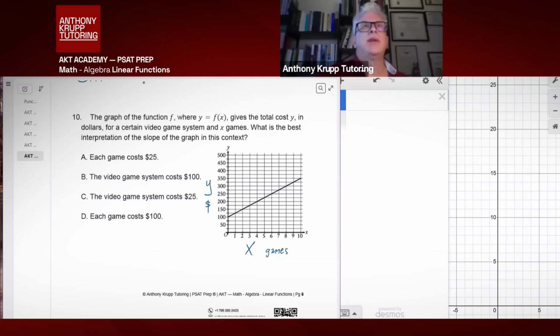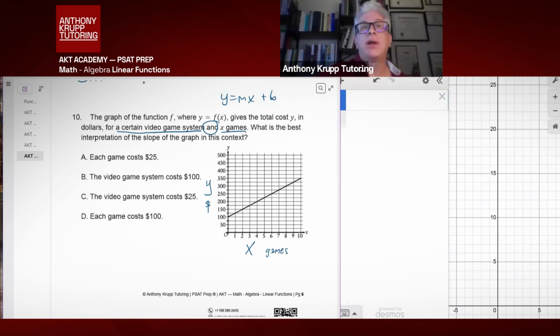The cost is for a video game system and X games. In terms of y equals mx plus b, we've got our Y value, which is the total amount of money. None of the answers say total amount of money, so that's fine. X has to do with the number of games. None of the answers do that either. That's exciting.